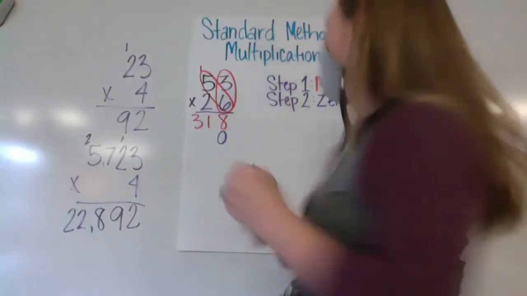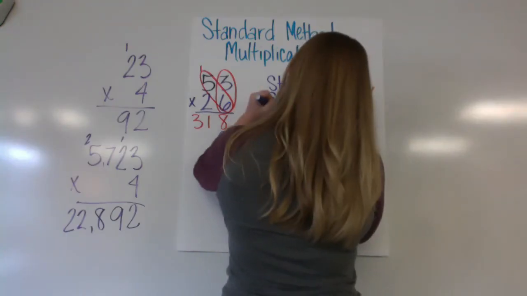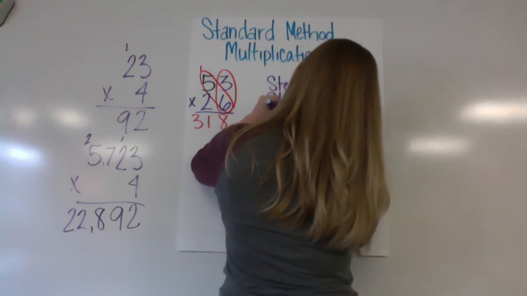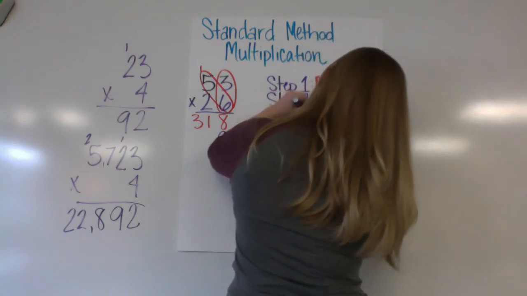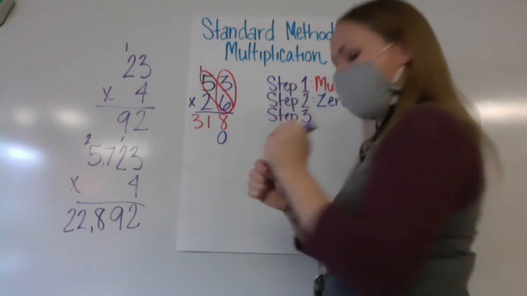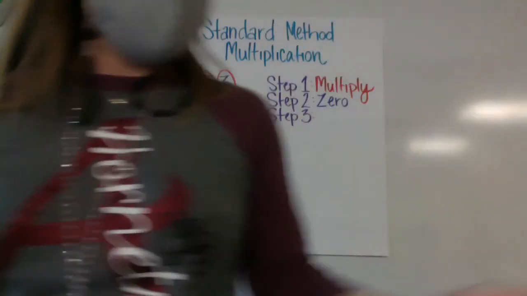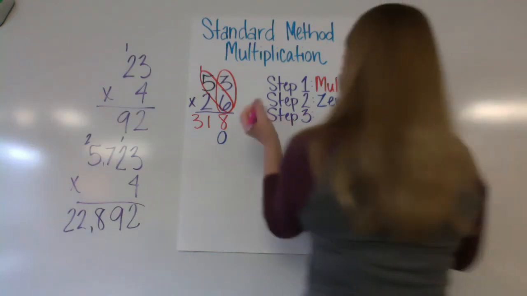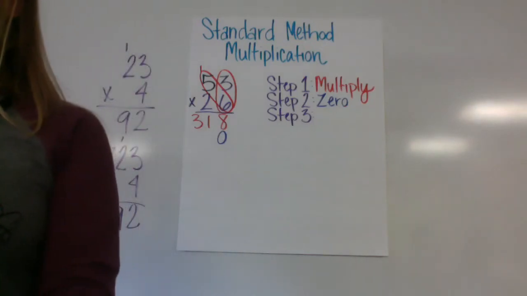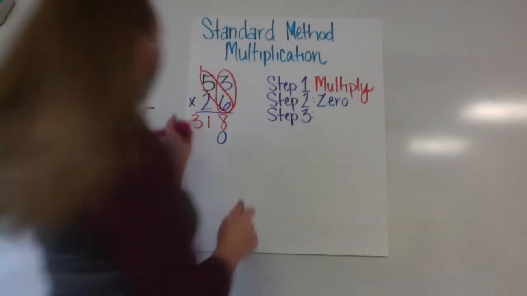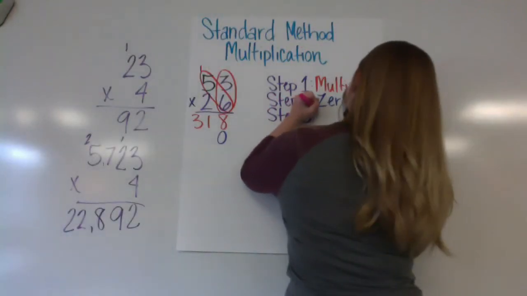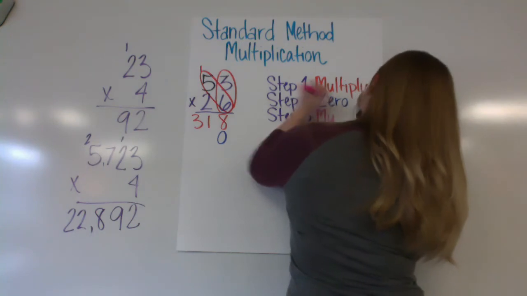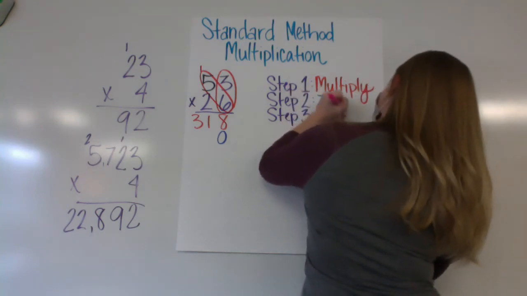Let's look at step 3. For step 3, we're going to multiply. I'm going to put mine in pink. Multiplying again, and it's crazy. We multiplied our ones place, so what place do you think I'll multiply this time?